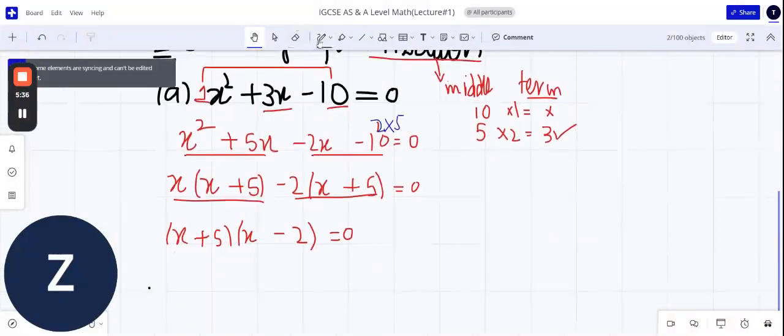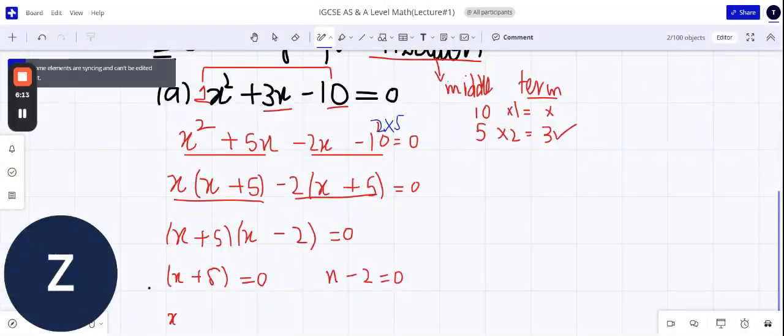The next step, we have to take both the values separately equal to 0. We have to place them separately. x plus 5 equal to 0, then x minus 2 equal to 0. Without brackets now, we can write because we have only one value there. Now for x plus 5, we need to find the value of x. It means we will move the plus 5 to the right side of the equal sign.